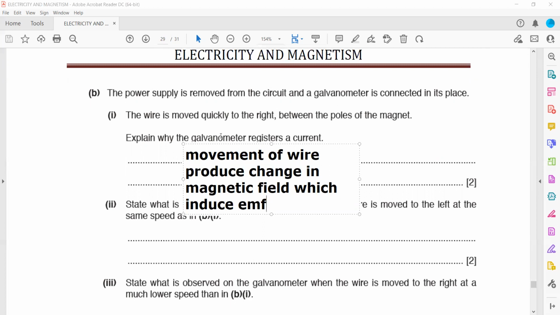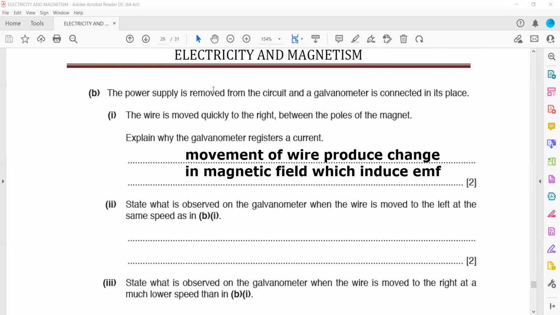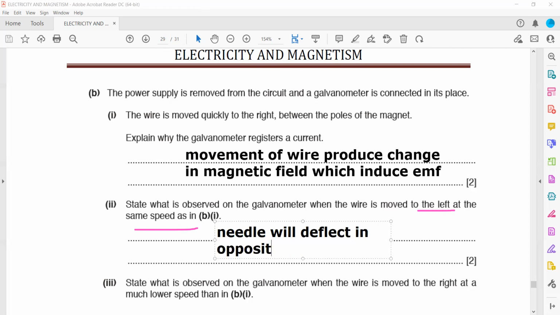Let's state what is observed on the galvanometer when the wire is moved to the left at the same speed. First, we were moving it right, but now we are moving it left. So as a result, what will happen? The needle will deflect in the opposite direction, with the same magnitude.